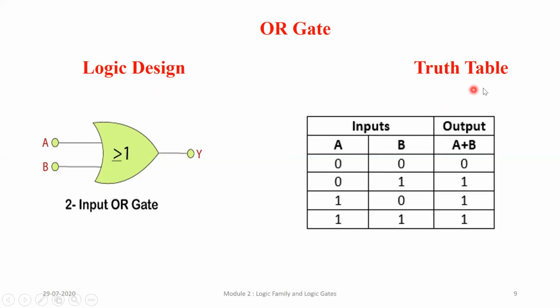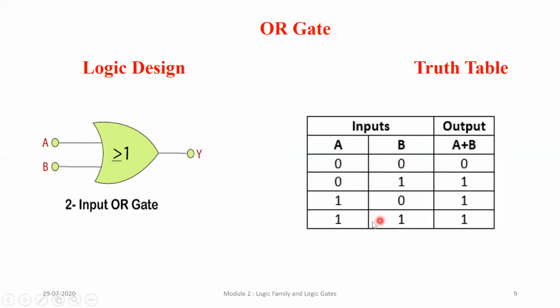And if I see the truth table, the input combinations are 0 0, 0 1, 1 0, 1 1. Whenever both the inputs are low, that is 0 0, obviously you can say 0 plus 0 is 0. 0 plus 1 is 1. 1 plus 0 is 1.